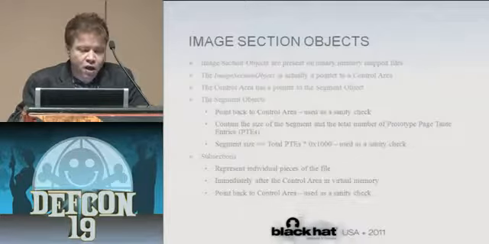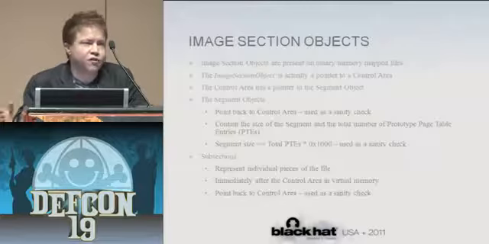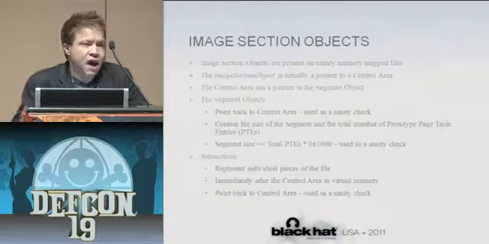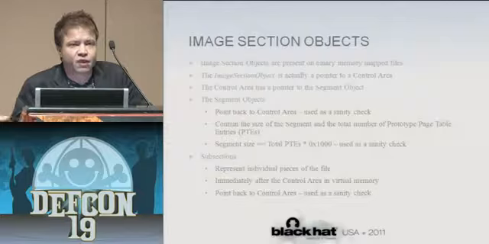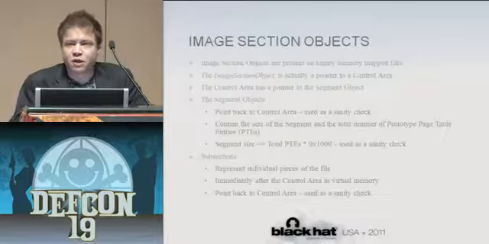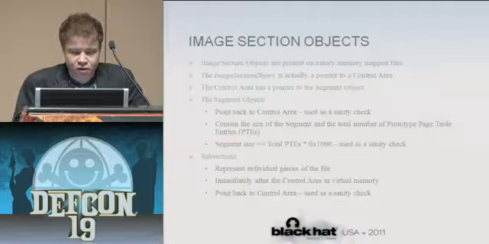Well, all these sections have a relative virtual address within the PE, and they also have permissions. Once this thing loads into memory, what should the permissions on that section be? Since each section within the PE file probably has different permissions, there has to be a subsection object to represent every single section within the PE.